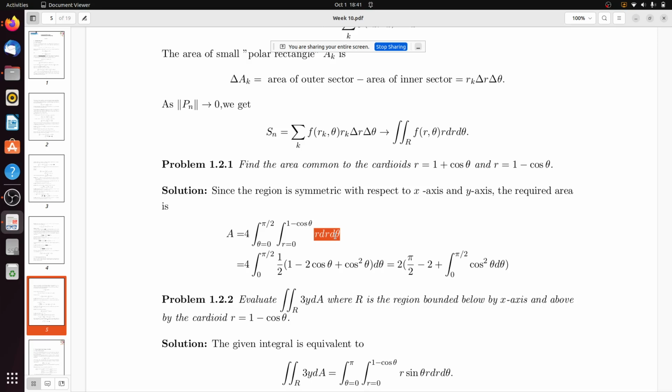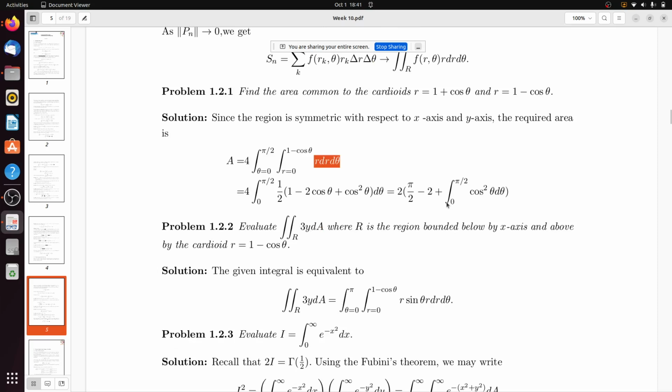So the integral will be 4 times integration theta 0 to pi by 2 and r from 0 to 1 minus cos theta, r dr d theta, and you simply integrate it and you will get the answer.